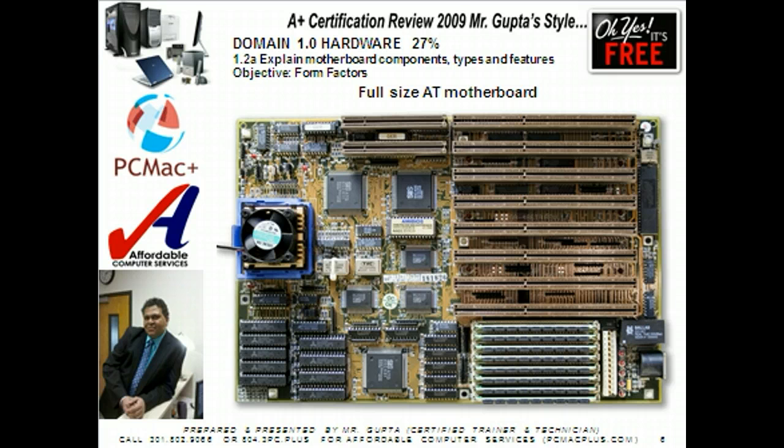The full-size AT board first debuted in August 1984 when IBM introduced the Personal Computer AT, Advanced Technology. To accommodate the 16-bit 286 processor and all the necessary support components at the time, IBM needed more room than the original PC XT size boards could provide.